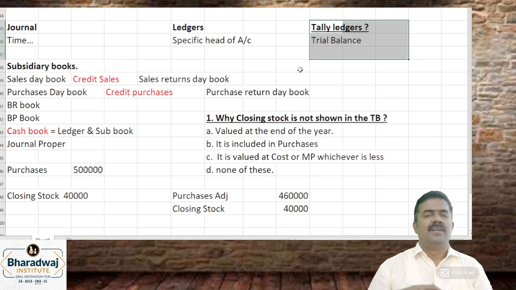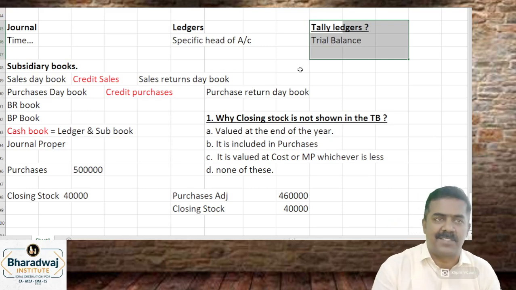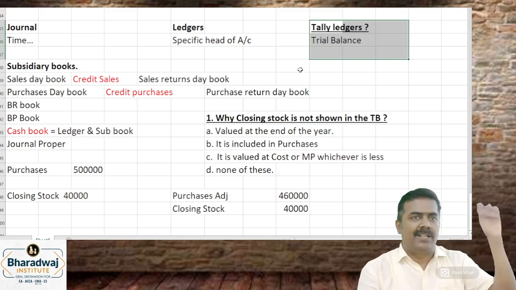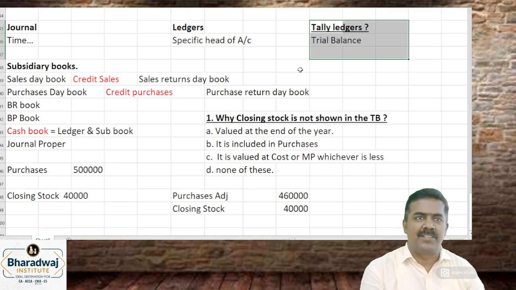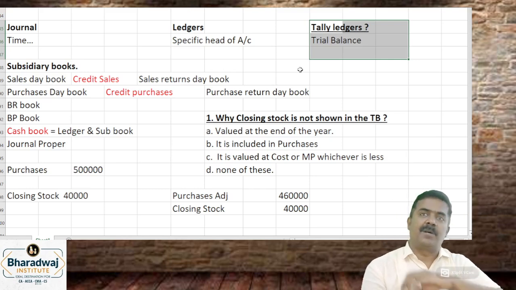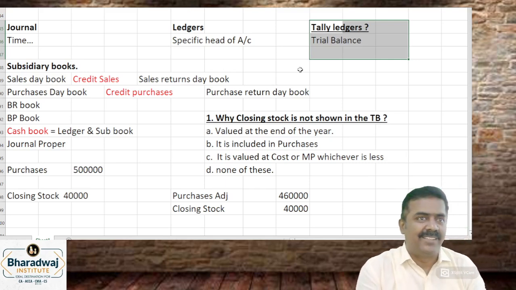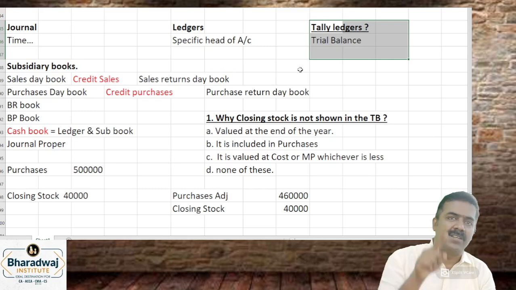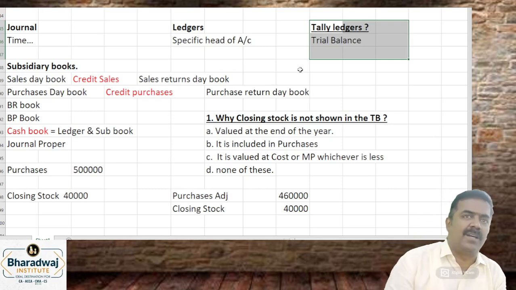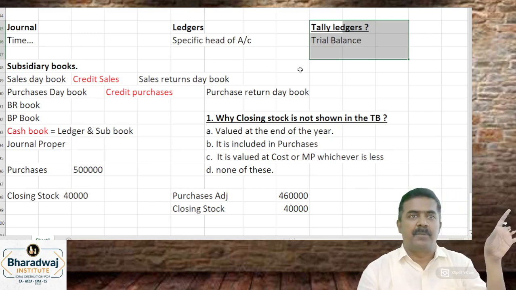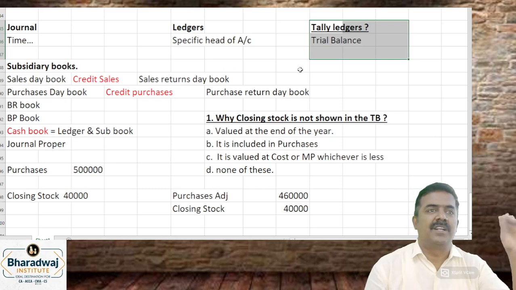For example, assume we are selling goods to customers. Whenever you sell goods, what entry is passed? Debtors account debit to sales. Let's assume all the customers have paid all the money within 31st March. The ledger balance will be 0. So will the debtors account come to the trial balance?